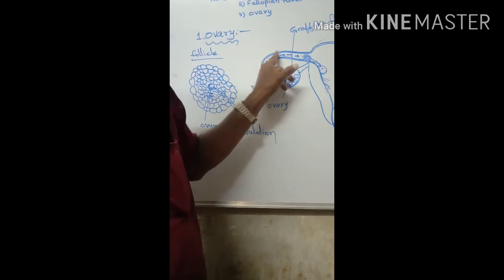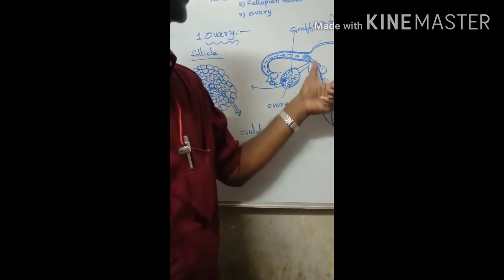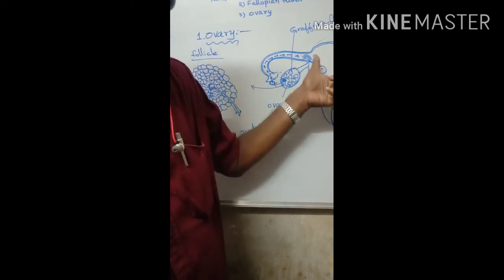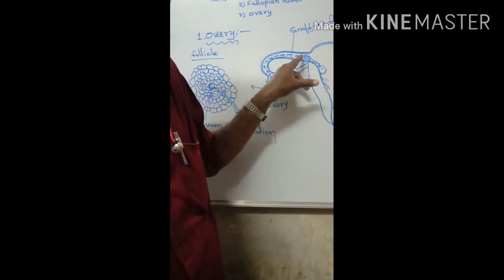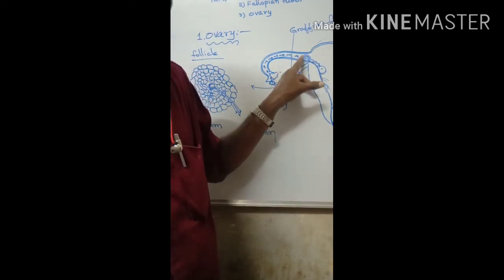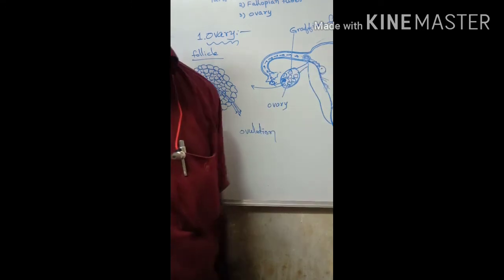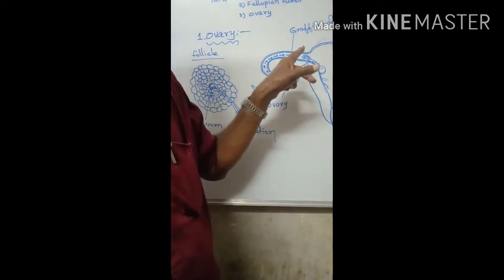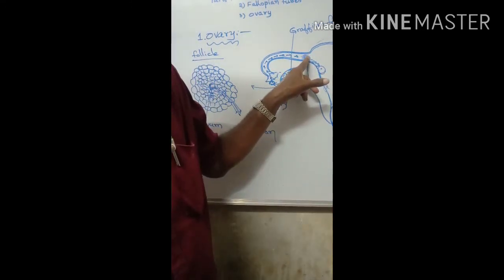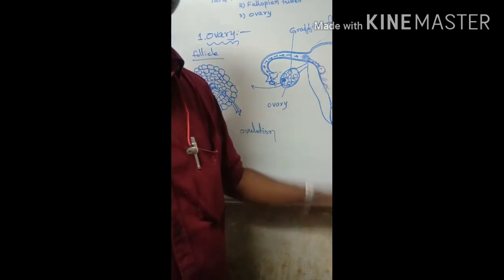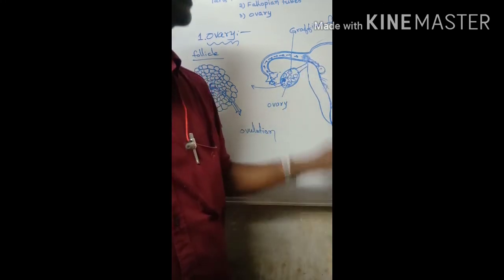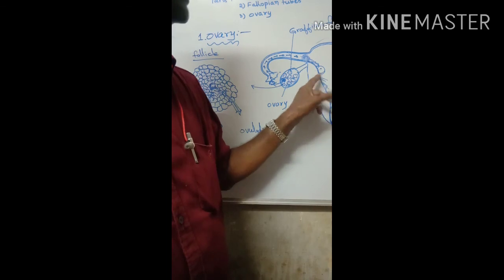Whenever it is moving through the fallopian tube, at the same time, if sperms enter the uterus and join with this ovum, then fertilization happens. Otherwise, the ovum is discharged to outside along with one of the membranes of the uterus.